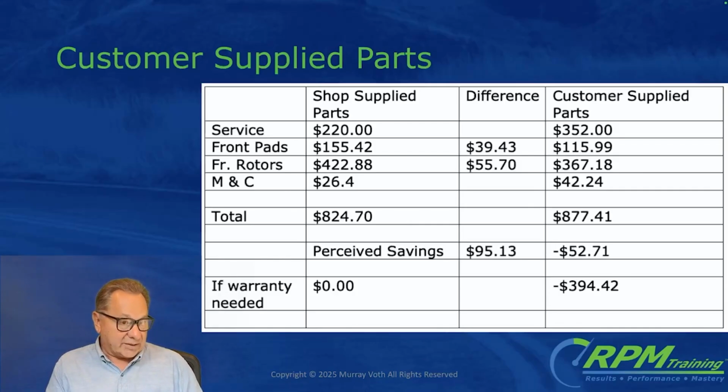Obviously, if they're financially challenged or super cheap, they're still trying to get that $95 somewhere. But at the end of the day, I think most reasonable people would be like, really? The difference between the online part and what you're charging me is only $95 for the pads and the rotors, and I get a 2 year 40,000 kilometer peace of mind warranty, and my car was washed and everything. I believe you will be able to convince people.